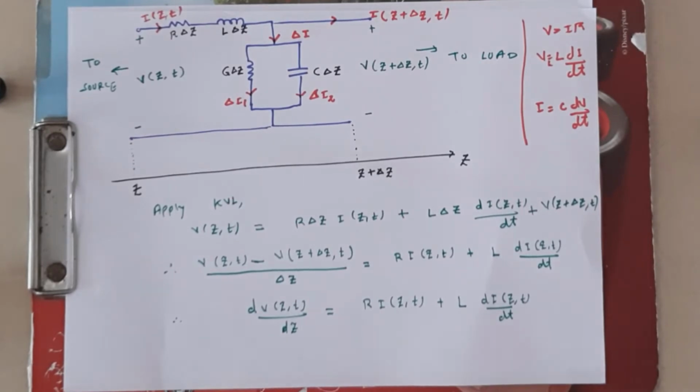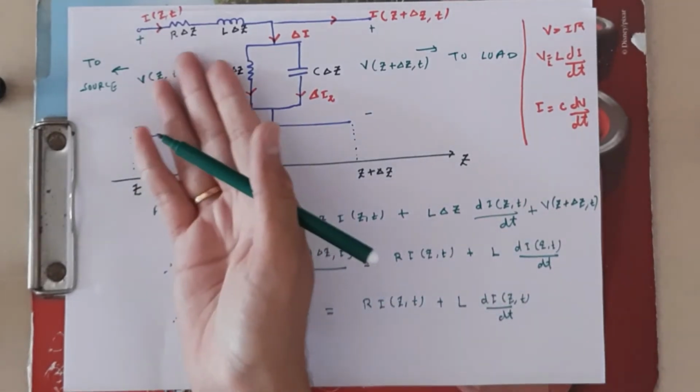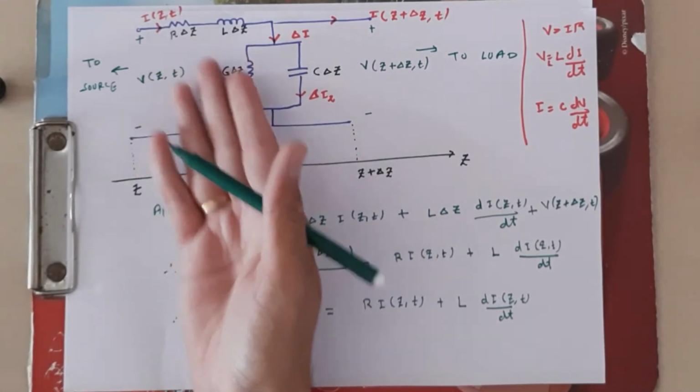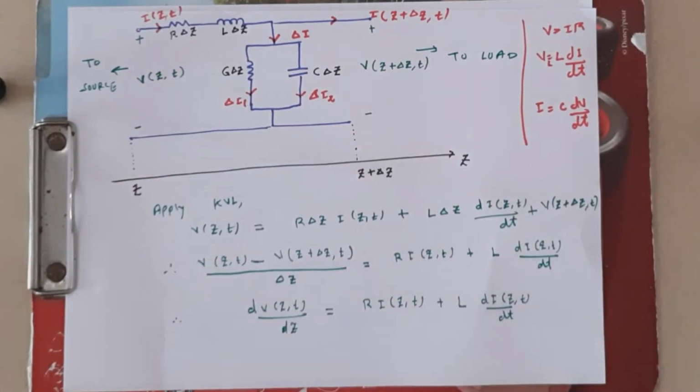Now, since inductor and resistor are present, you can write this equation in phasor form. How can you write this equation in phasor form?